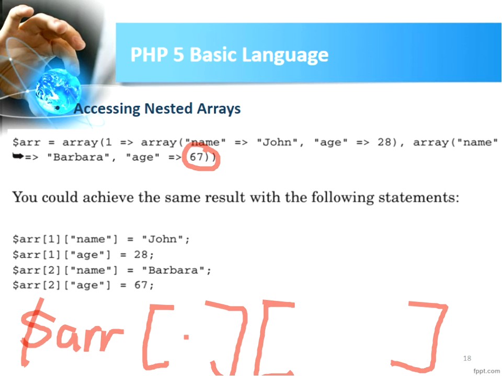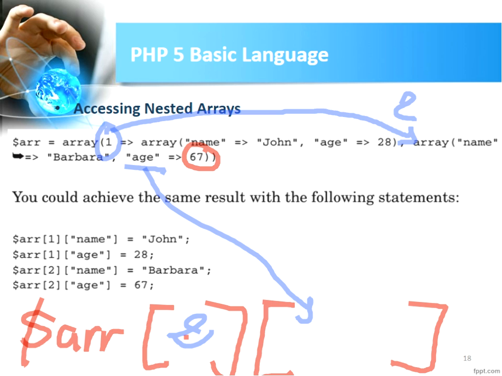Y2, not 1, because here we have 1. Here automatically the value will be 2, and the second will be name or age. Very good.